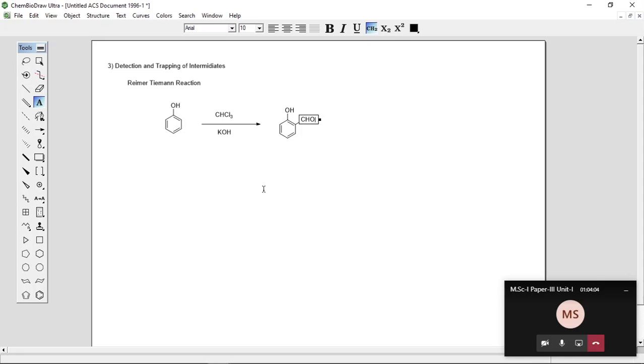So your phenol reacts with CHCl3 in presence of KOH, and you will get the aromatic aldehyde as a product. This is the reaction used to produce aromatic aldehydes.